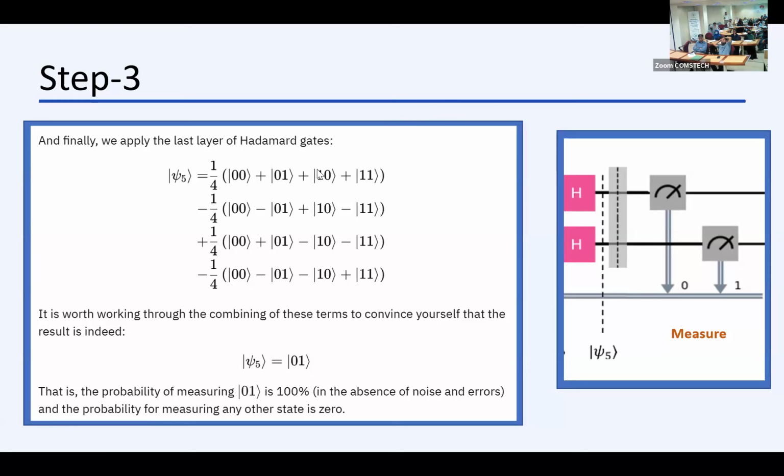Similarly, for the other states we have 0 amplitude. With simple math, you can verify it yourself. So the output state we get at psi 5, for the measurement, is the 0, 1 state. So when we have a small number of qubits, we get the amplified state as 0, 1.